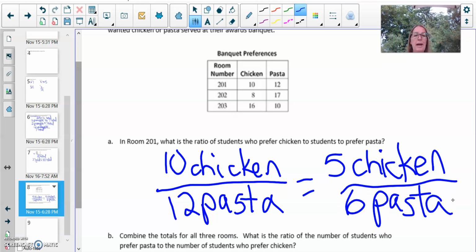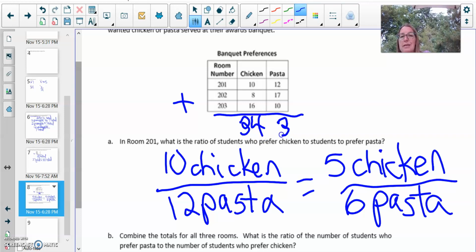Okay, in part B, combine the totals for all 3 rooms. What is the ratio of the number of students who prefer pasta to the number of students who prefer chicken? So I'm going to add to find the totals. So for the total chicken, I'm adding 10, 8, and 16. So there are 34 for chicken. For pasta, I'm adding 12, 17, and 10.